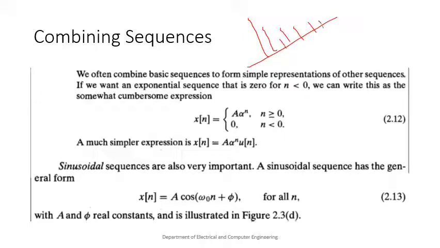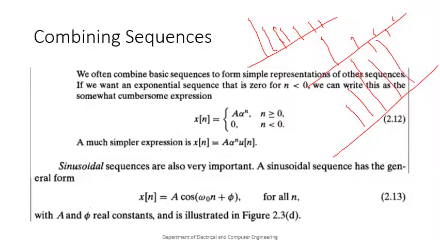Then we have alternating sign: decreasing, decreasing, decreasing, but with alternating sign. And finally, for alpha greater than 1, we have a growing sequence: 0, 1, 2, 3, 4. As the values of n increase, the sequence grows. This was decaying.